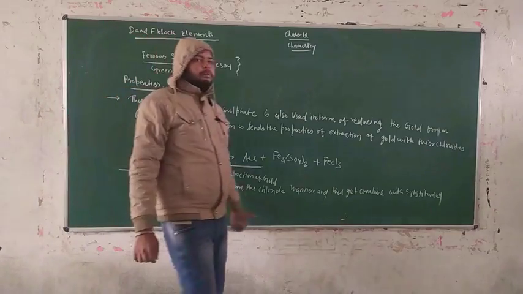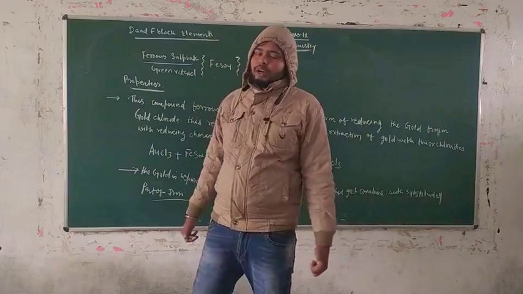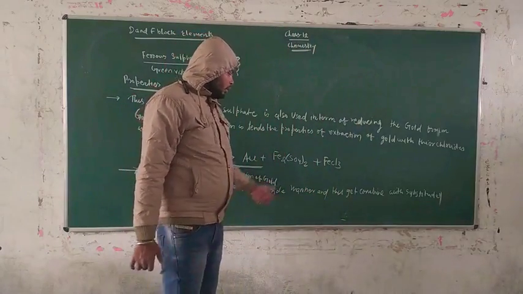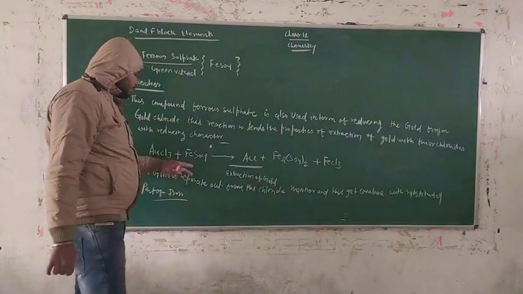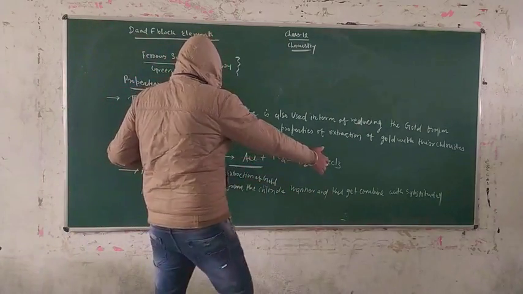When the separation takes place, your gold gets separated and this iron combined with the chloride, and ferrous chloride is obtained here. This is your ferric sulfate, and this is ferrous sulfate, this is gold chloride. That means the reaction scenario is only from this.